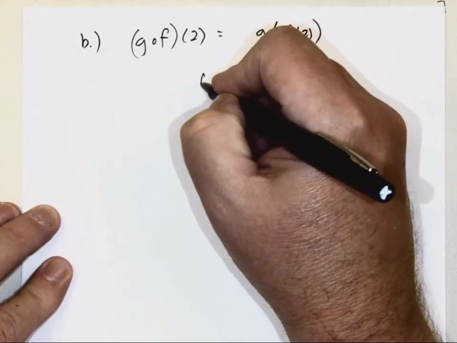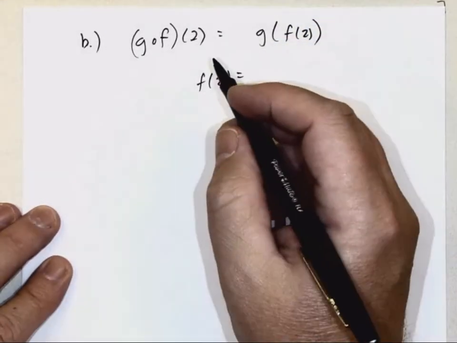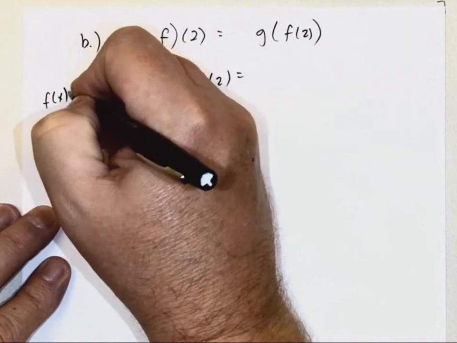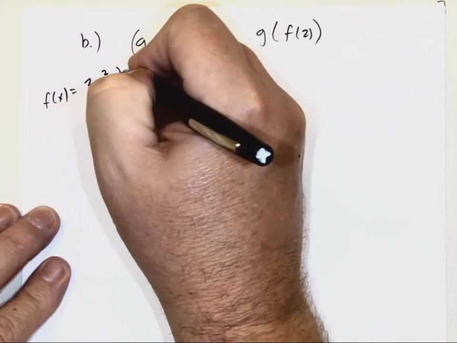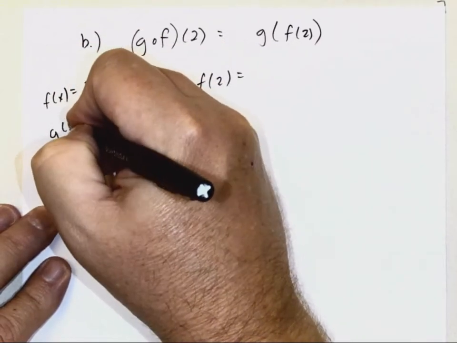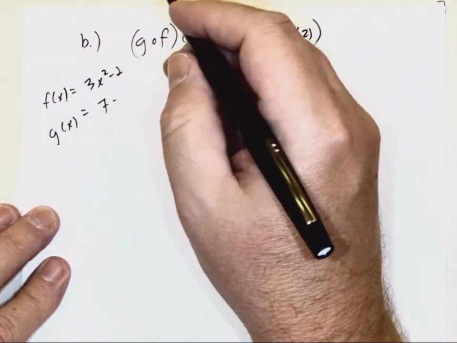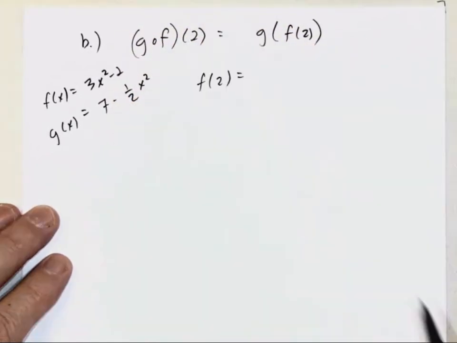So I'm going to go figure out what f of 2 equals. Once again, in the problem we're working, I guess I could put them here. f of x was 3x squared minus 2, and g of x was 7 minus 1/2 x squared.